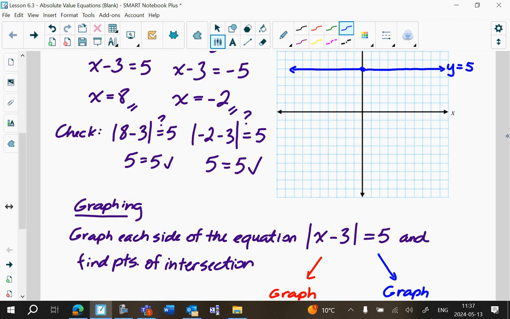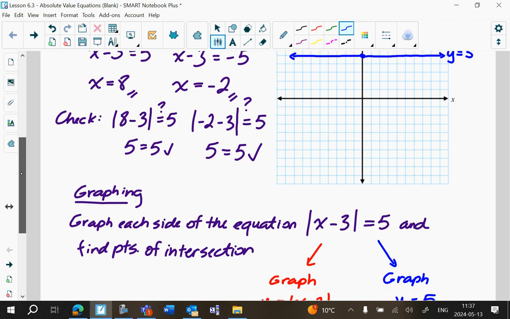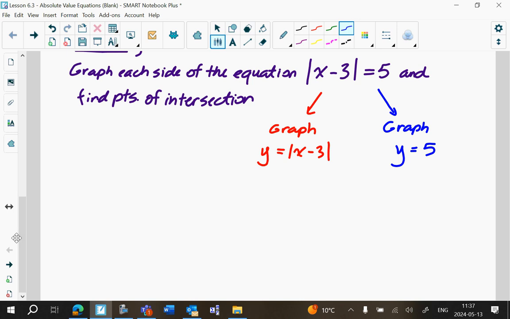For the absolute value one, remember we got to do this in 2 stages. We have to graph y equals x minus 3 first. And how do we graph this? From what we did in grade 10, the slope-intercept formula, where we graph the y-intercept and we use the slope to find a second point on the line.